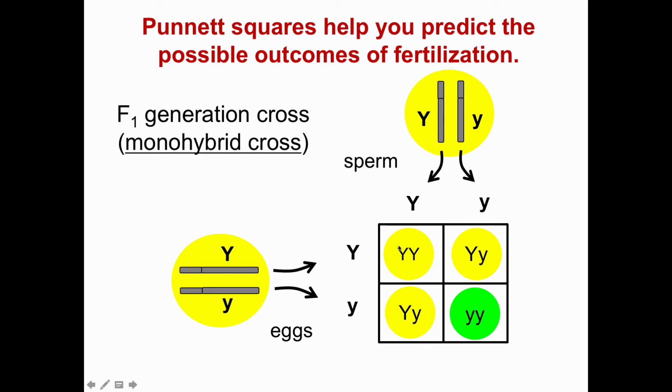Then we take the big Y here and the little y down here, which also turned out to be yellow seeds, but this is a heterozygote. Then we take the big Y, and we always list the capital letter first. So we bring the capital Y here and the lowercase y here for another heterozygote. And then finally we bring the two recessive, little y, and that one turned out to have green seeds.